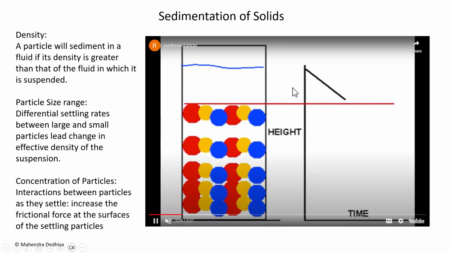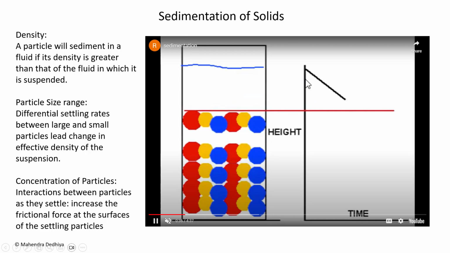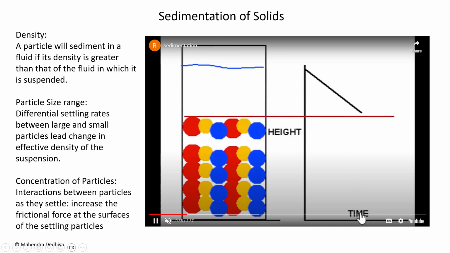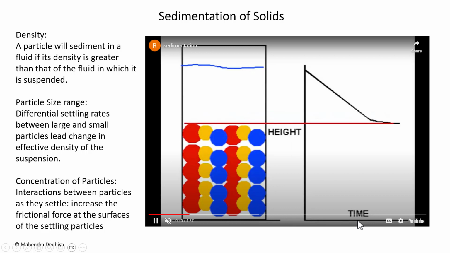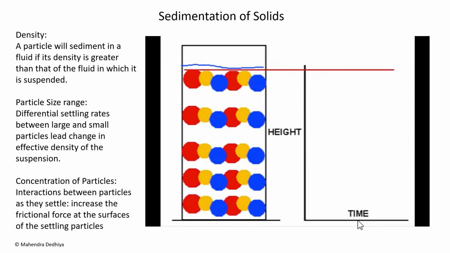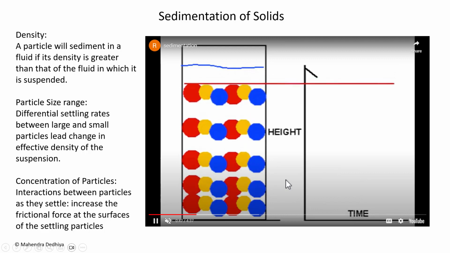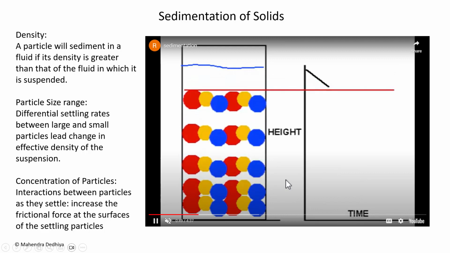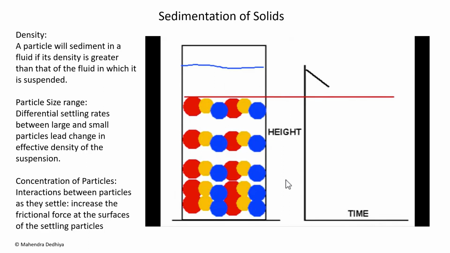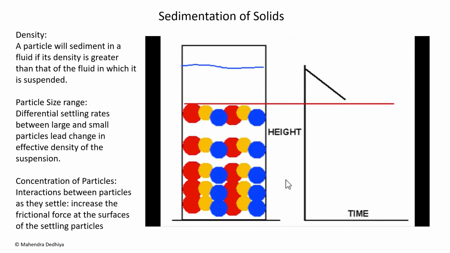As can be seen in this graph, the sedimentation can be graphed as a function of time. And this is classical hindered settling, which is most common in most suspensions.